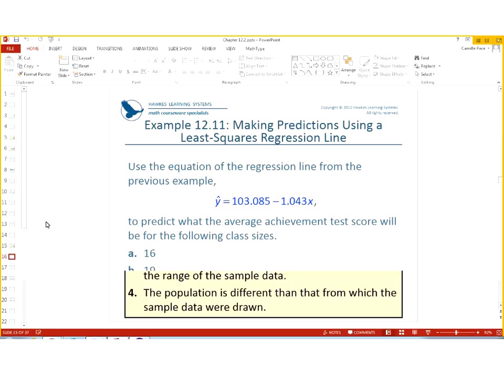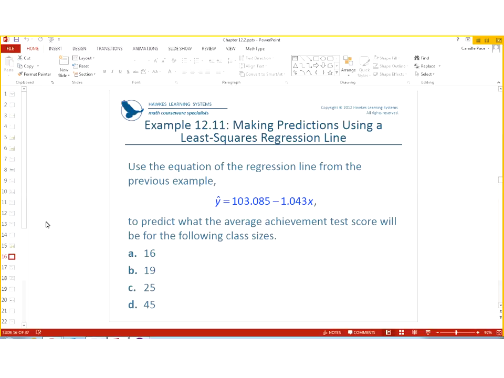Okay. The last one we did, we showed the regression line was y equals 103.085 minus 1.043x. So can we predict test scores for 16, 19, 25, and 45? How do you do that?